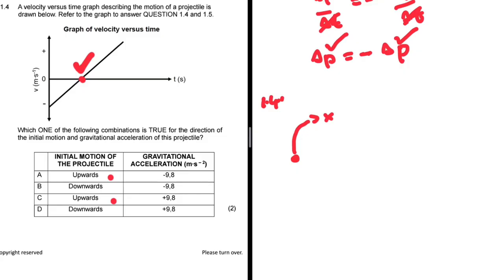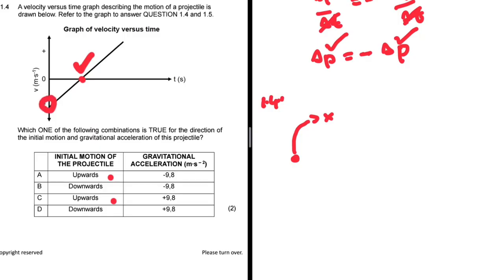Let's talk about the gravitational acceleration of the object. Is it going to be plus 9.8 or minus 9.8? Well, that depends on the direction that we are taking as positive. So let's look at our graph and decide which direction was taken as positive. Our object is projected upwards, but the velocity starts off being negative.